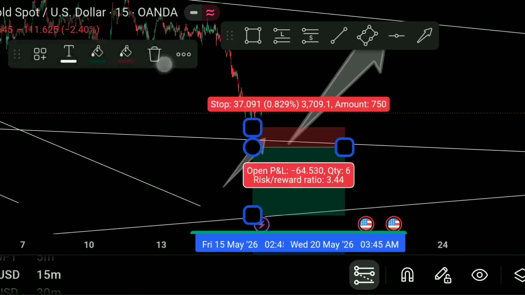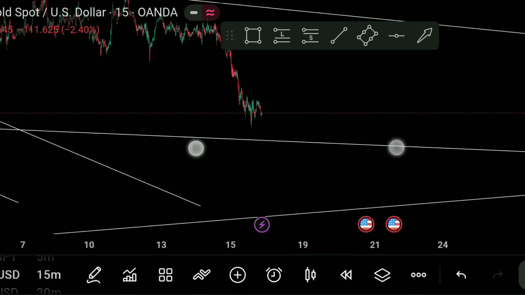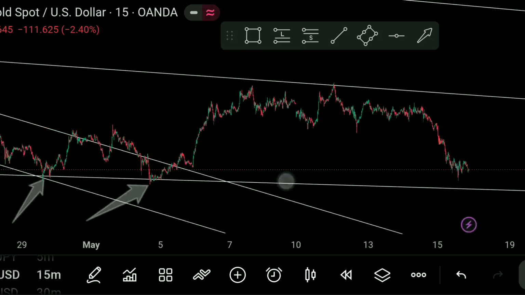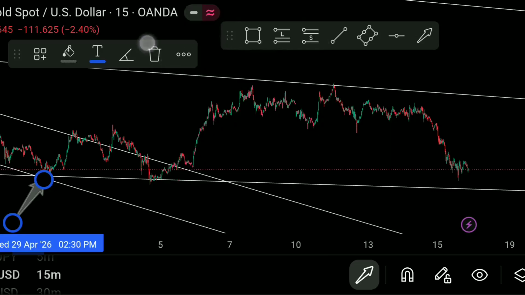So you can see how I normally draw my trend line. You can notice that whenever price comes to these trend lines, what happens? It respects it, right?